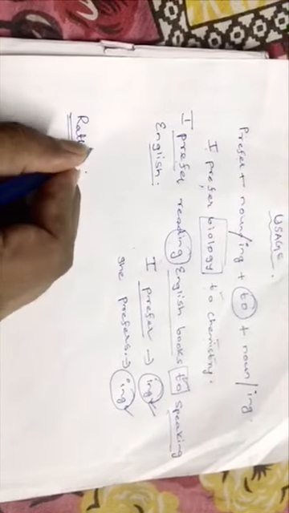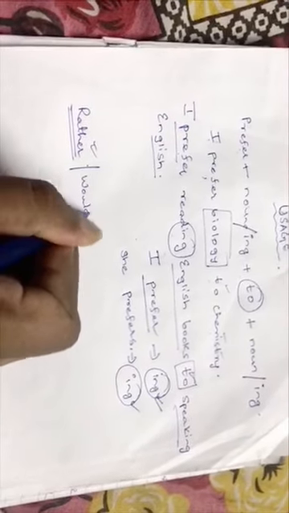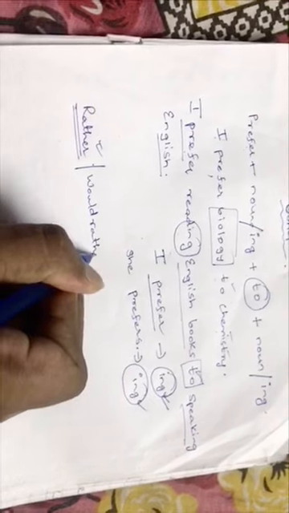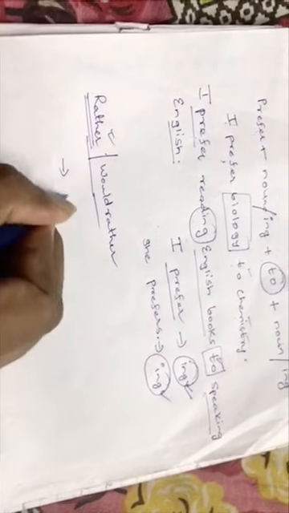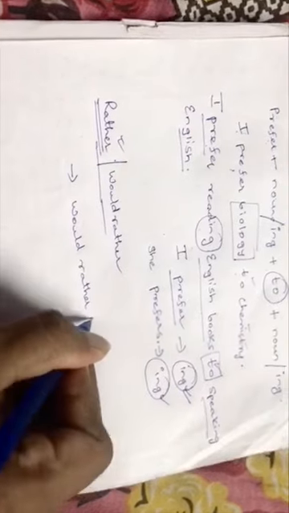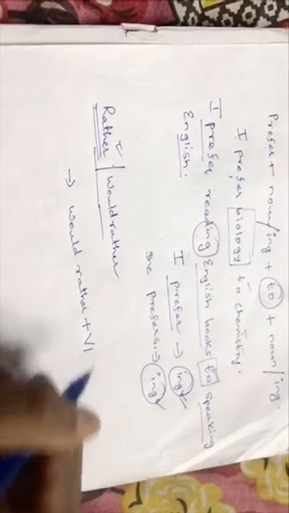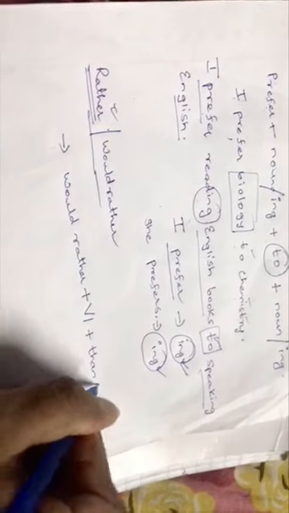Next, let us talk about rather. Okay, or would rather. Now, see, this particular word would rather is always followed by a base verb. Now, if you talk about the formula, your formula is would rather plus v1 plus the keyword than and then again v1.